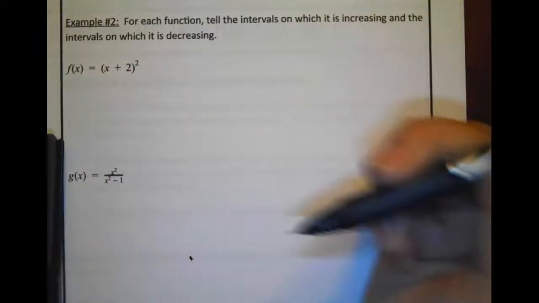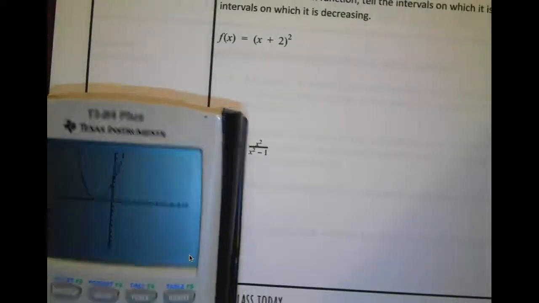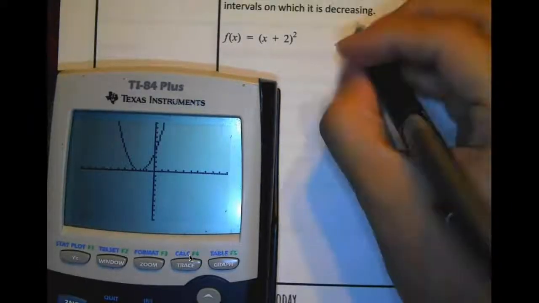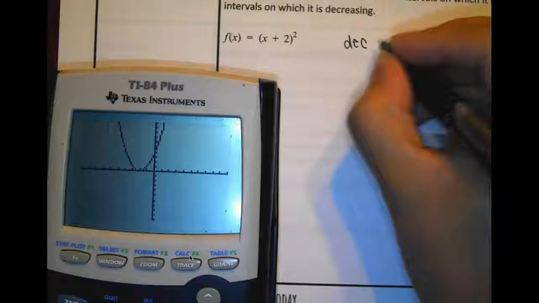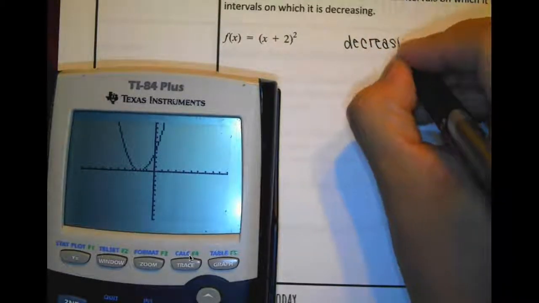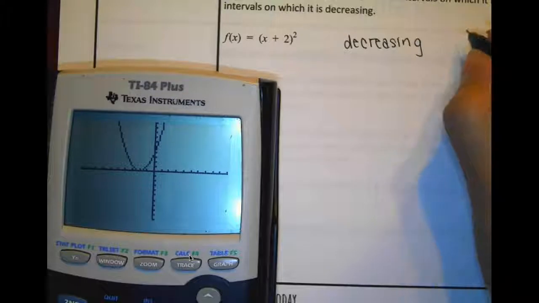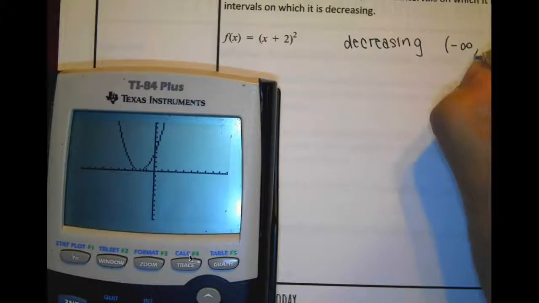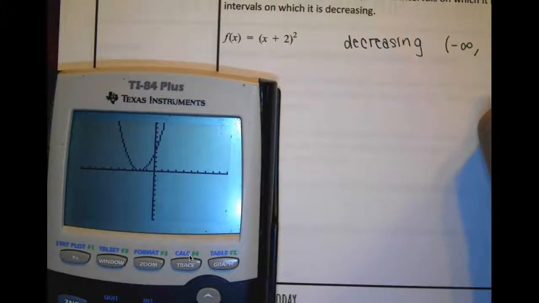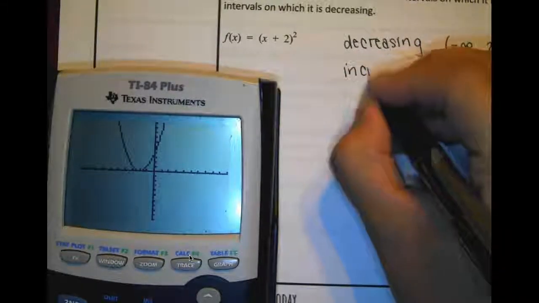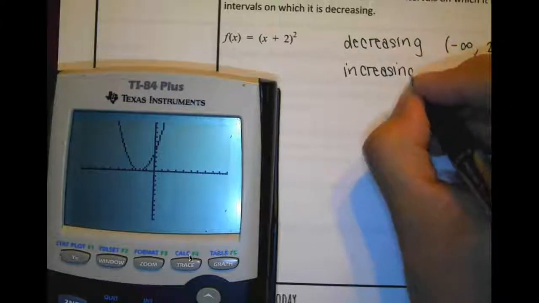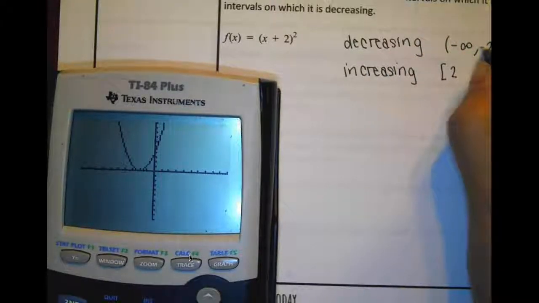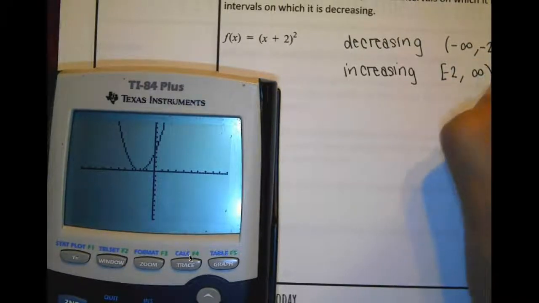Okay, it appears to be decreasing from negative infinity to negative 2, and increasing from negative 2 to infinity.